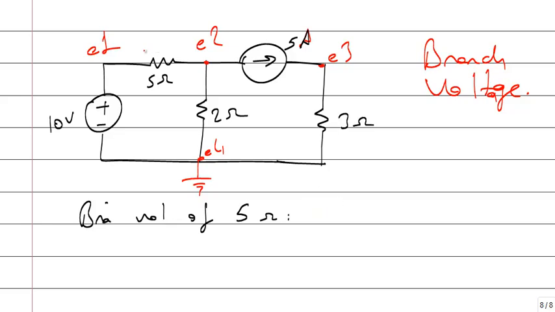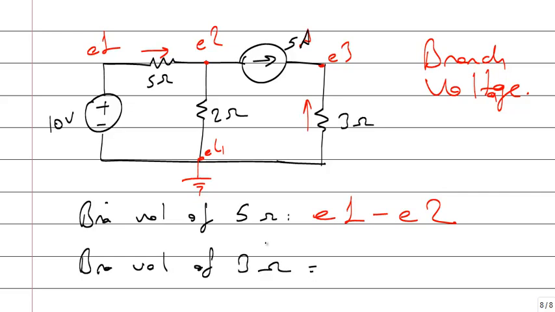For example, if you define the current in that direction, you will say E1 minus E2. If you define the current in this direction, then the branch voltage of the 3 ohm is E2 minus E3, positive side minus negative side.